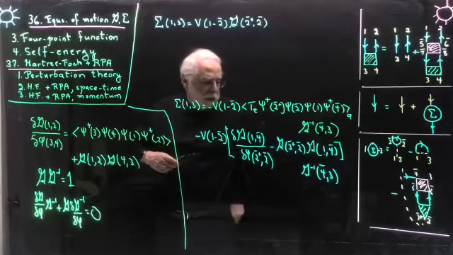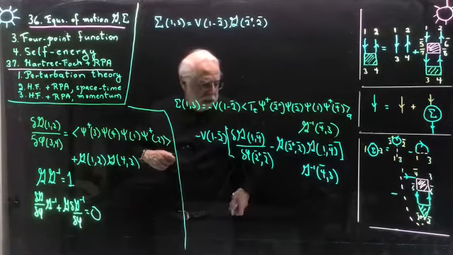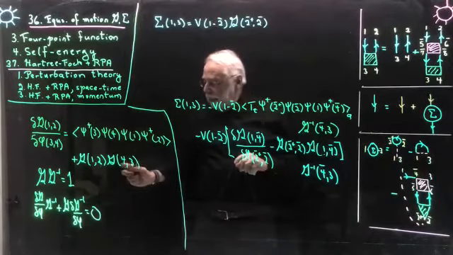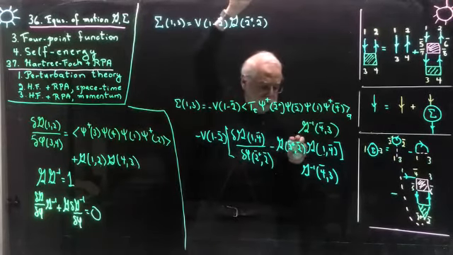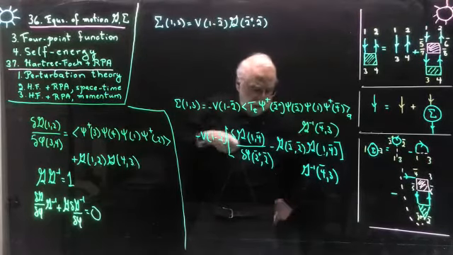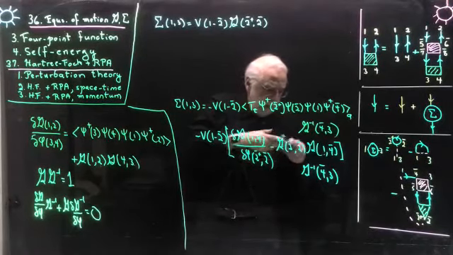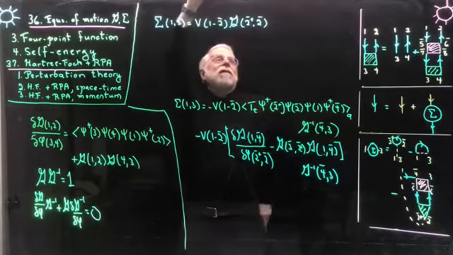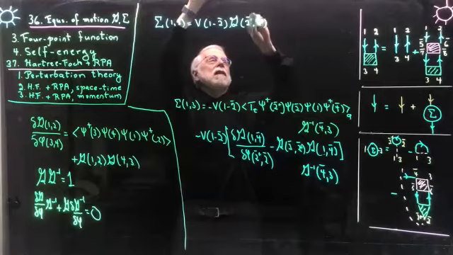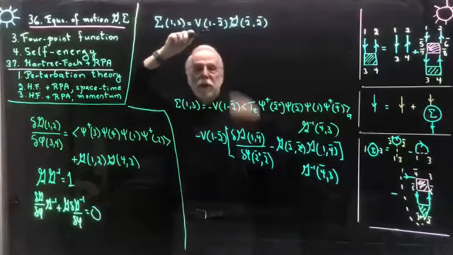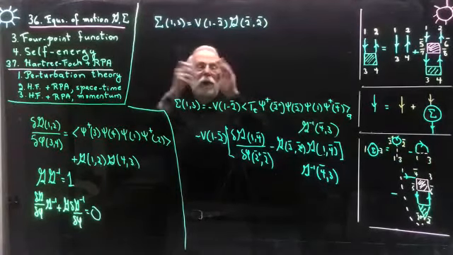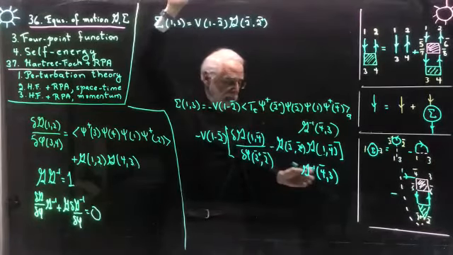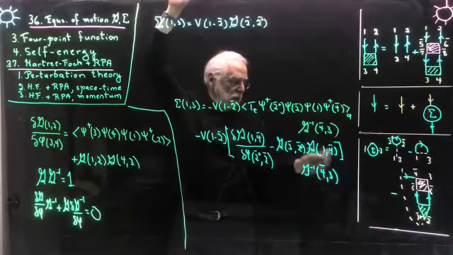No, this is backwards. I'm sorry. This should be 2 bar. You see the indices are reversed here. Big mistake. So the plus goes with this guy. Remember, the plus tells us what, at equal time, what order we should have. Okay, plus here. And then this gives me delta 1 minus 3.